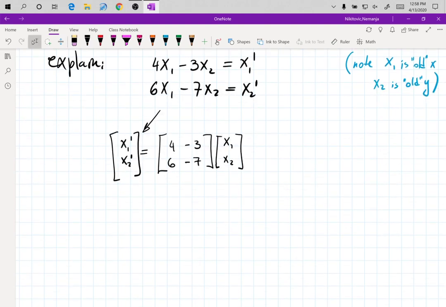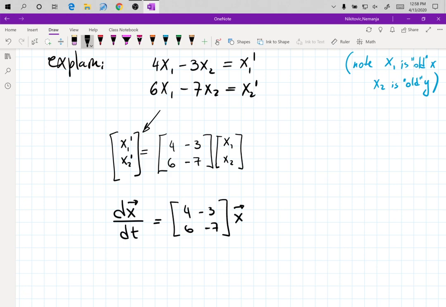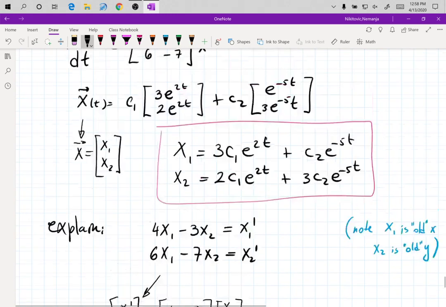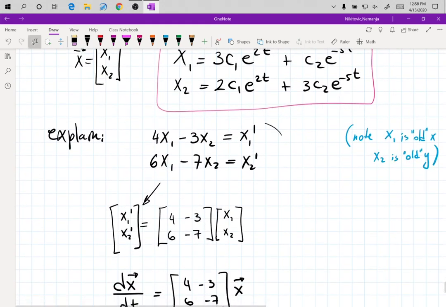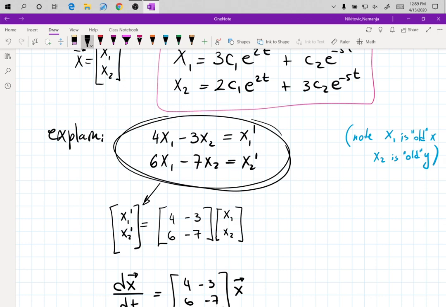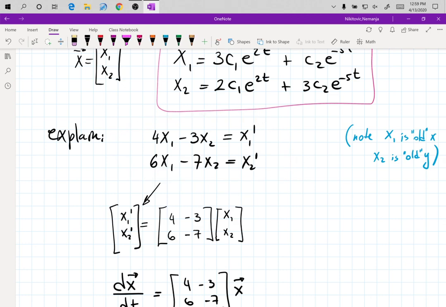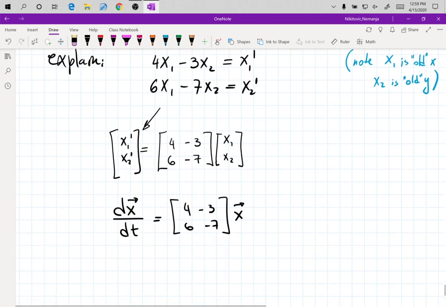So now my derivatives are equal to 4, -3, 6, -7 times x as a variable, and that's how we get this line. So you are going to see the system given, and your job is to create the matrix here, right?